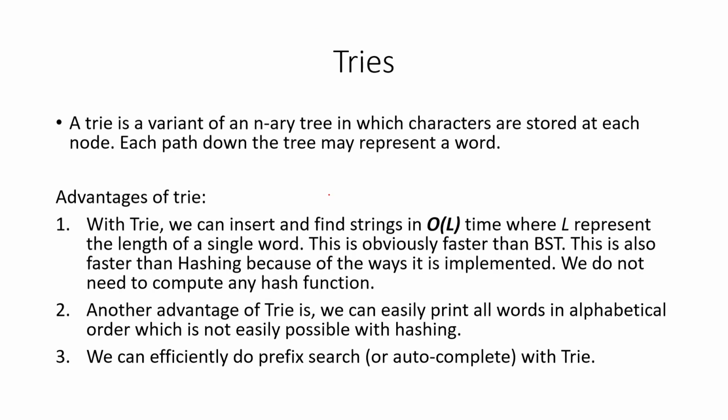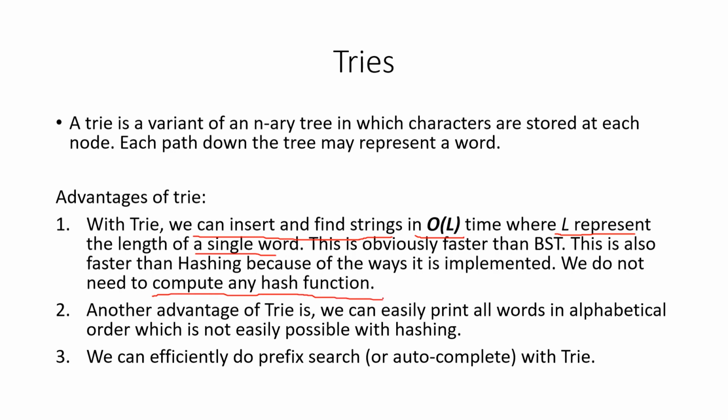The advantage of the trie is that we can insert and find strings in O(L) time complexity, where L represents the length of a single word. And this is faster than the binary search tree. It's also faster than hashing because of the way it is implemented. We don't need to compute any hash function.